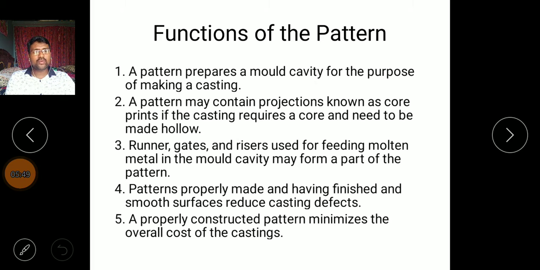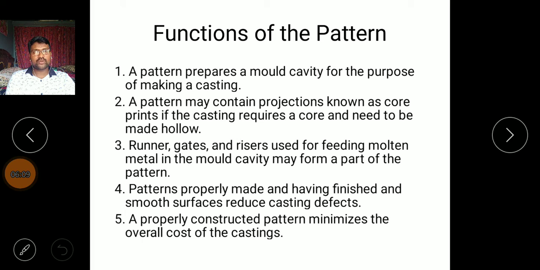Next, a properly constructed pattern minimizes the overall cost of the casting. Suppose you have to place the pattern in the mold for minimum consumption of material.